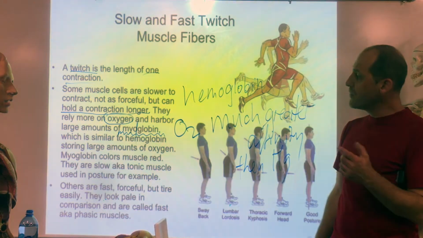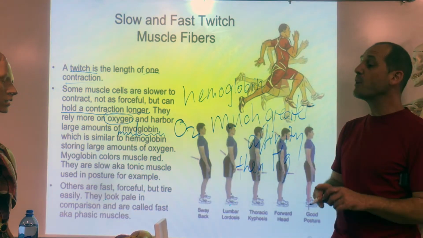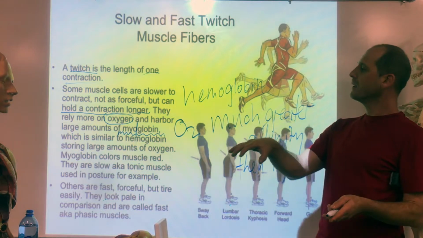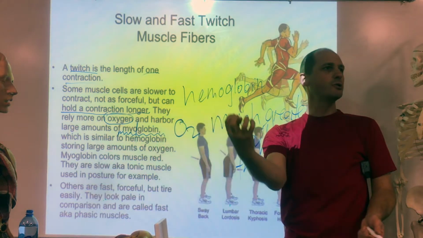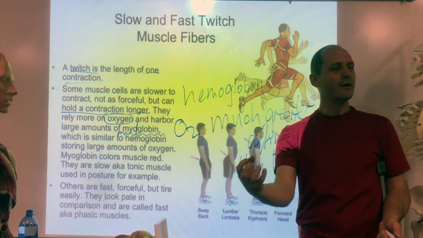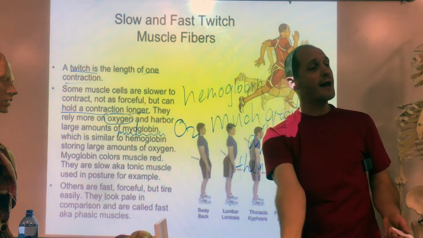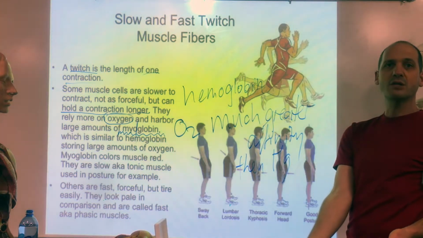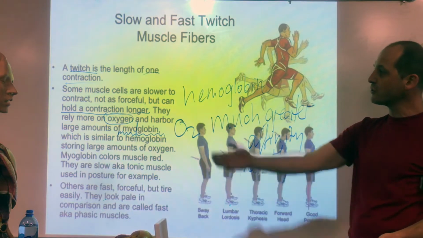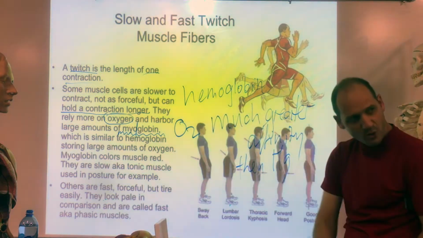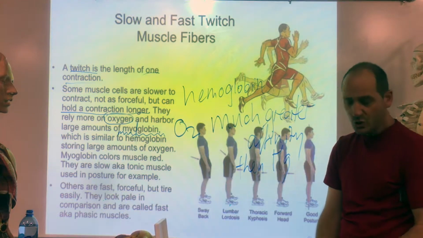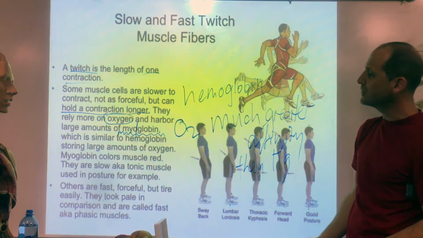And that's really cool, because now we can have blood vessels travel by the muscle, and the myoglobin sucks the oxygen right out of the hemoglobin, and the muscle has a lot of oxygen available to use for muscle contractions to be able to stand up and not fall down. So that's that sustained muscle contraction.